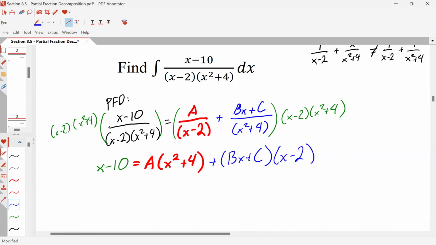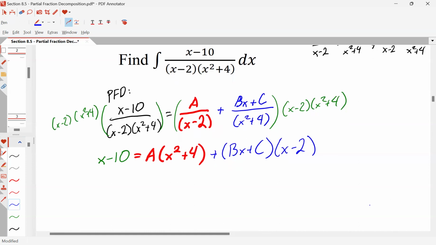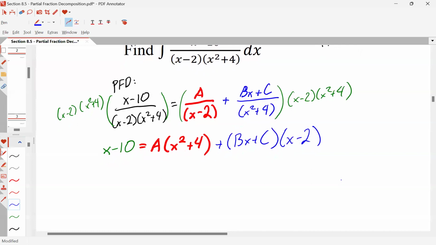Now, in this one, we're going to see another technique for how we can solve for A, B, and C. The last time, we took very nice values of x and plugged them in to get three coefficients, these A, B, and C. In this one, I'm going to multiply it all out.